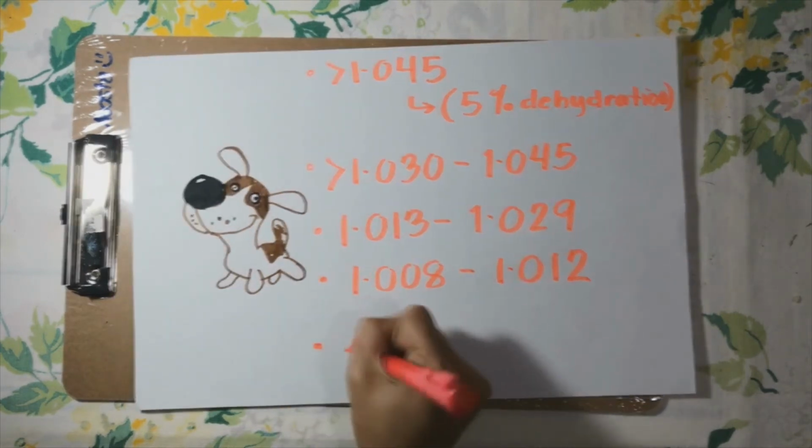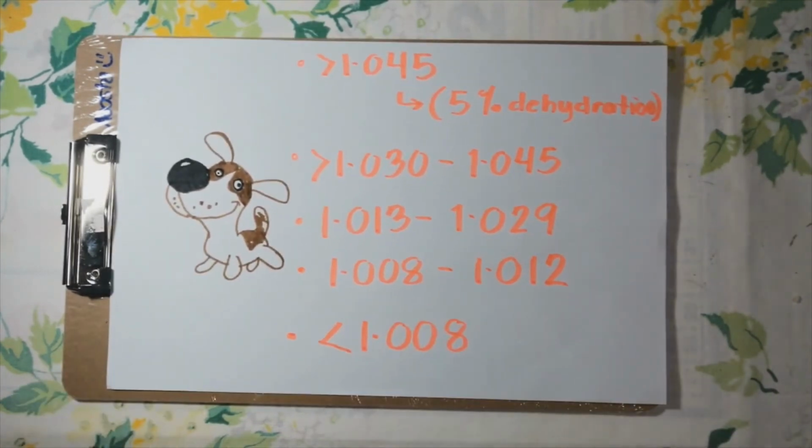A urine-specific gravity that is less than 1.008 is hyposthenuric. Values in this range can be normal if the animal has a need to excrete extra water, but they are abnormal in animals with a need to retain water due to dehydration. Urine-specific gravities in this range may be produced by primary polydipsia, lack of ADH, or inability of the kidney to respond to ADH.